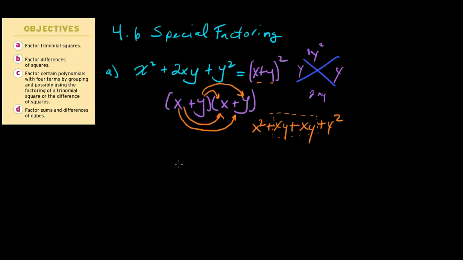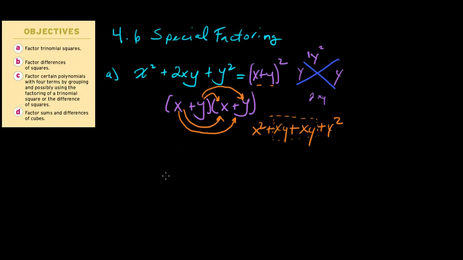Let's take a look at one example. Let's say we had x squared plus, I don't know, 8x plus 16. And I want to factor that as a perfect square or binomial square.